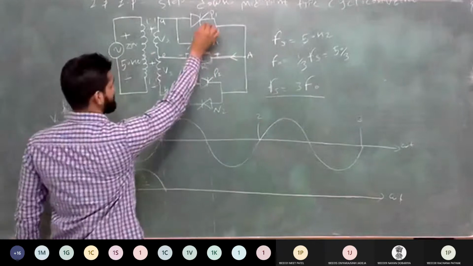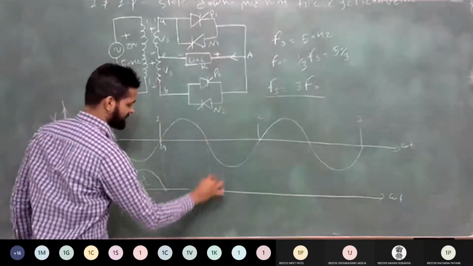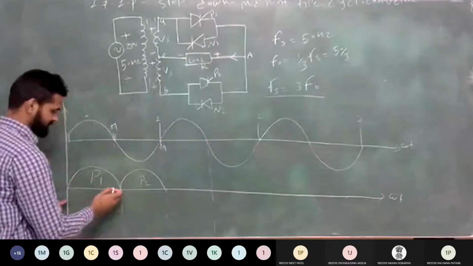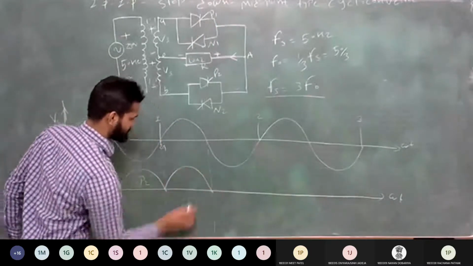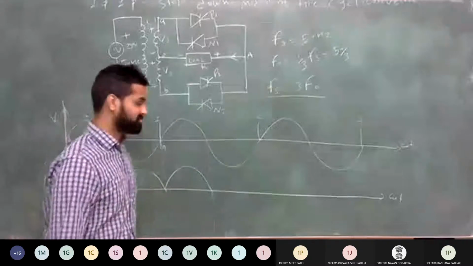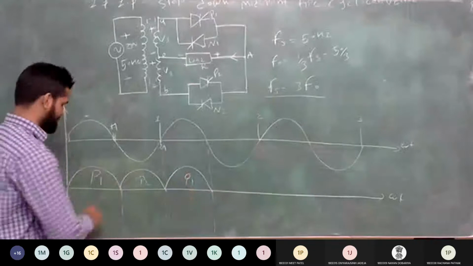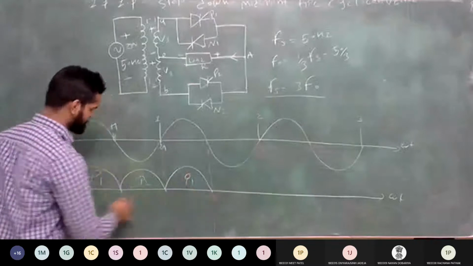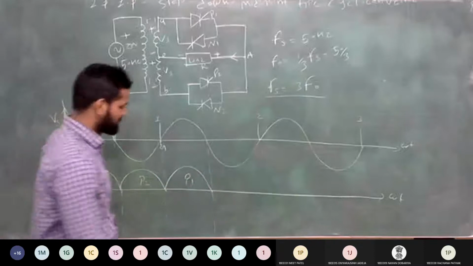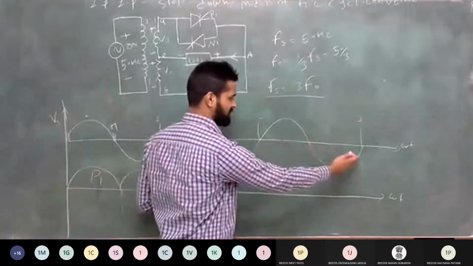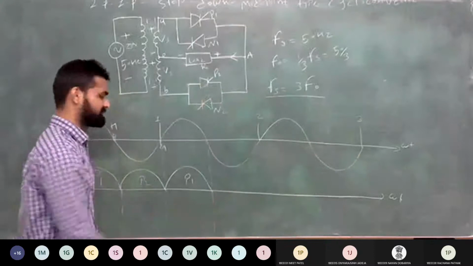By turning on P1 at omega t is equal to 2 pi, again I get the positive voltage, same as this half cycle. So my output voltage is the same as the supply. You can see that if you take the average of this, you get the positive voltage only.